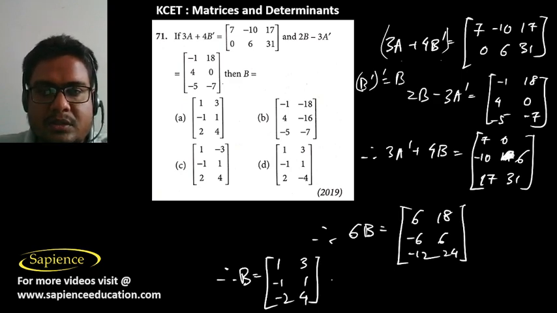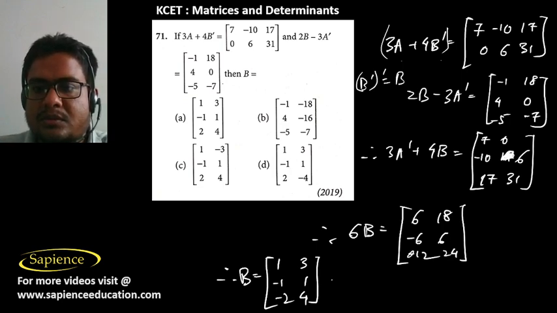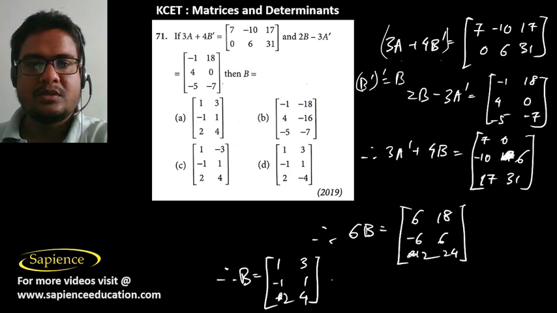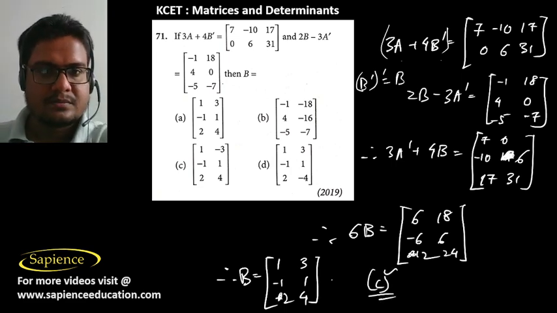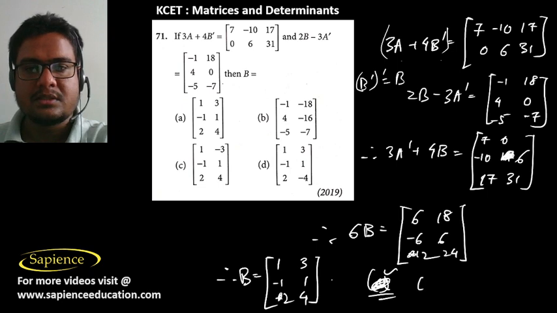So matrix B is 1 3 minus 1 1 minus 2. Dividing by 6, this is 2 and 4. So option A is the correct answer.